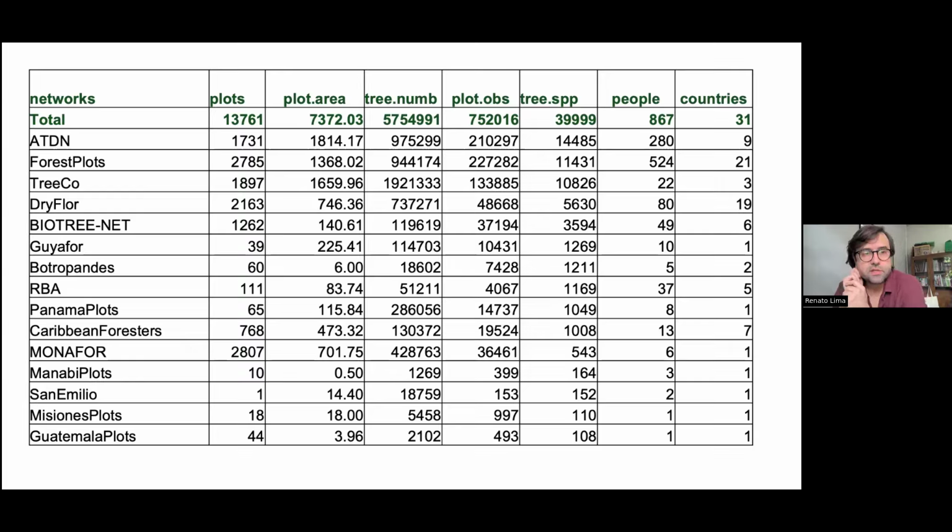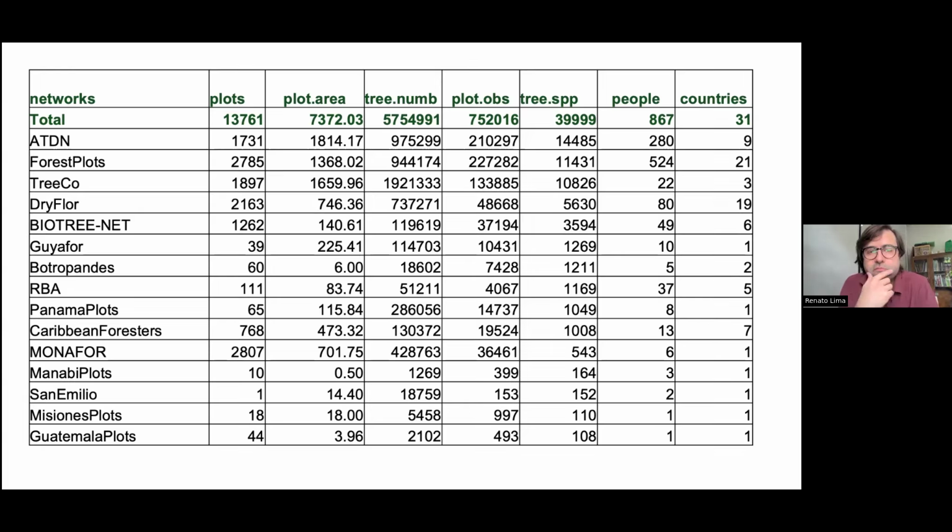There's also numbers of species there. Those are not yet clean numbers of species, so we have this high number of 40,000 possible species names from all of the networks. So this is pre-taxonomic homogenization.